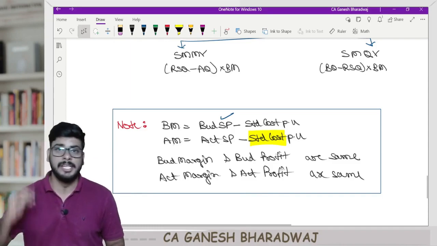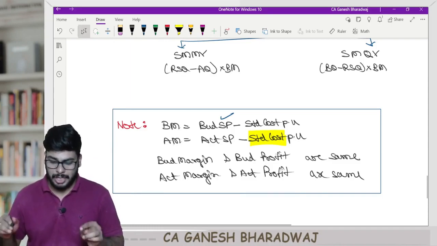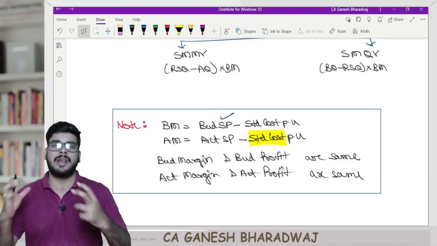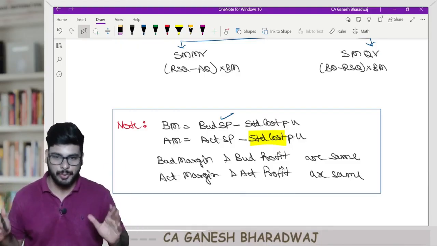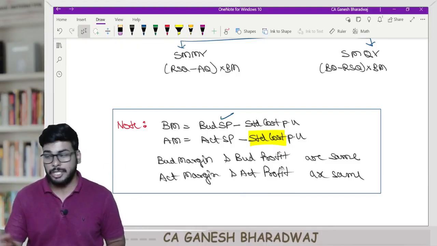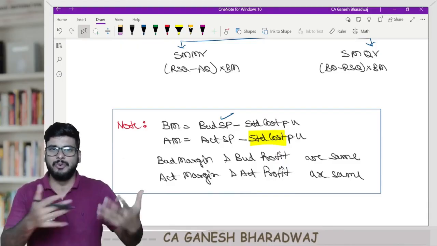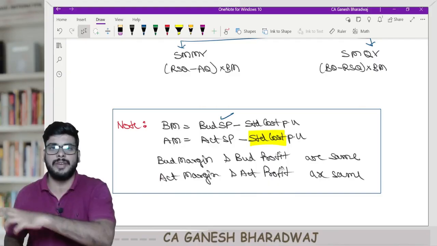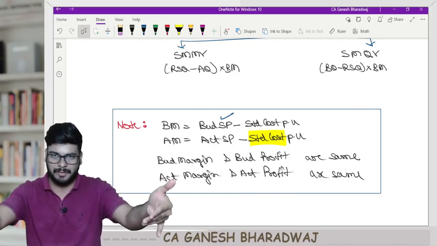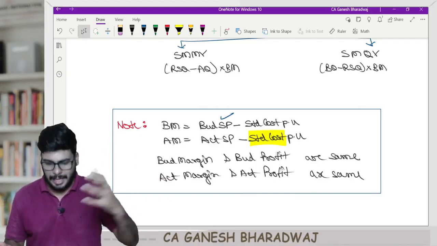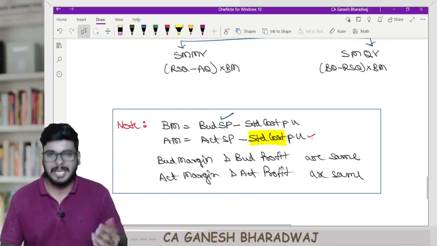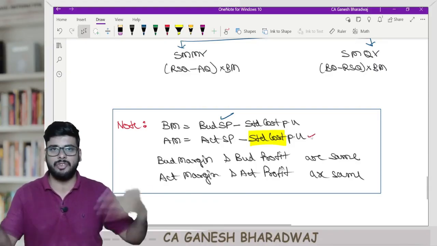And one more thing, guys, which I again told you in the regular batch, this clarity is lacking in our CMA Institute study material. So that's why I asked you to make a specific note of this, because in every sum they have used different ways, but ultimately what they have done is only this. The back end calculation is only this, but in every sum they have given different ways of doing it.